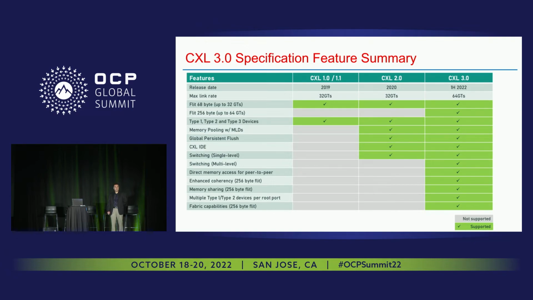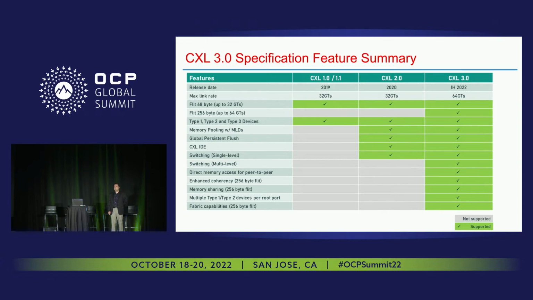1.1 introduced the 68-byte FLIT and the notion of a type 1, type 2, and type 3 device. A type 3 device is the one that uses CXL.mem protocol, good for a memory controller, for example. A type 1 device is the one that is basically an accelerator and would like to initiate memory cycles.